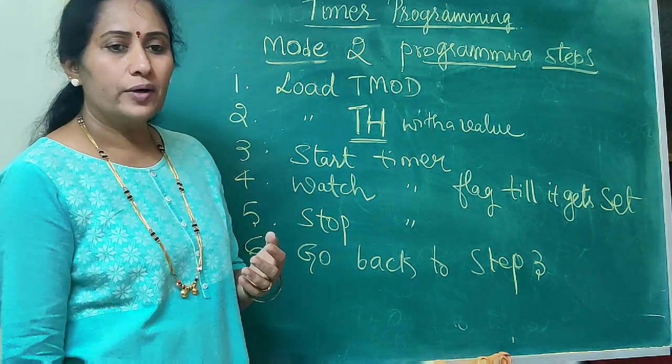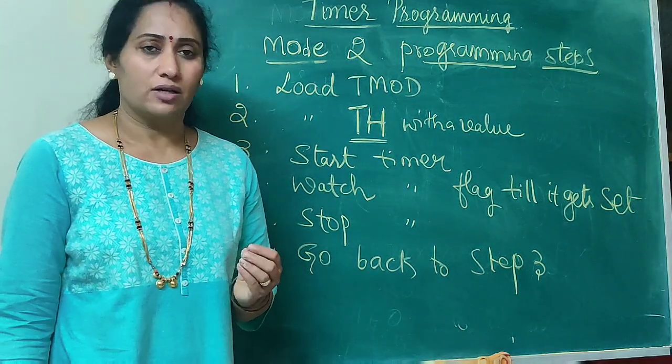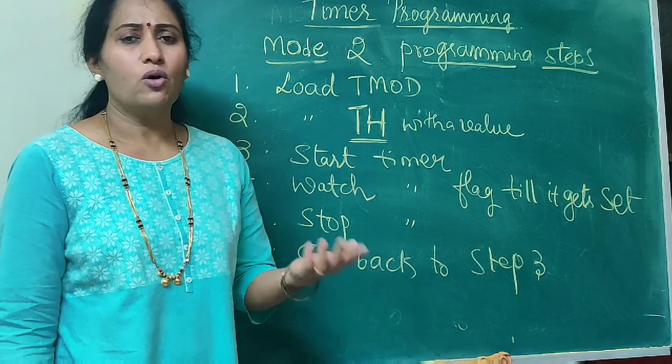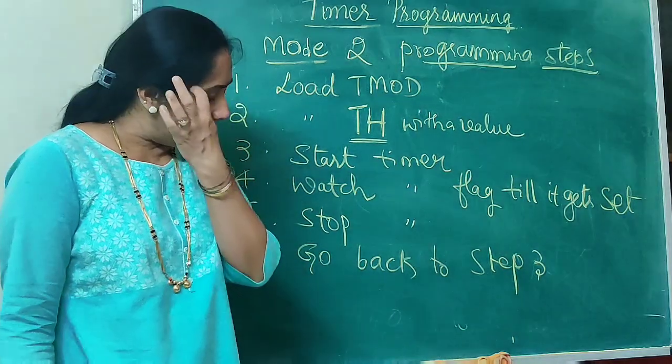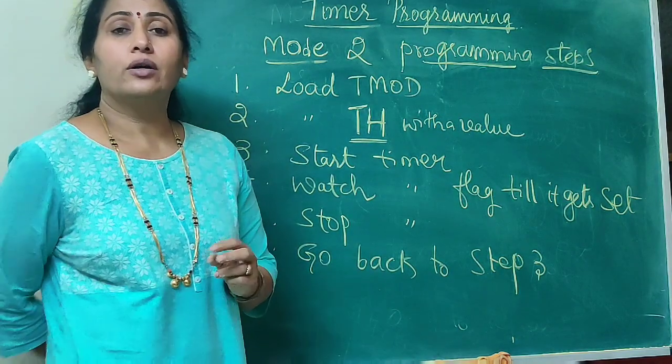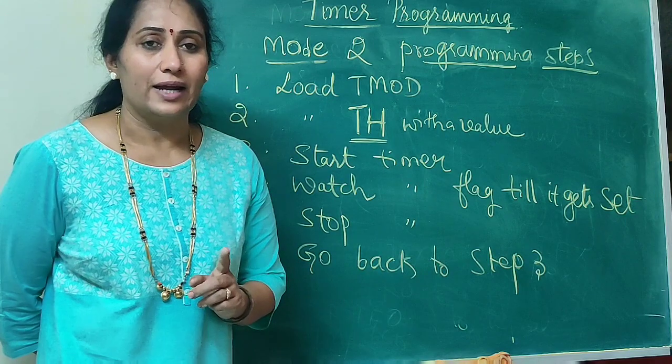What we are going to do here is load the count in the TH register, whether it is TH0 or TH1, whichever timer I have used. You load the value in TH, not in TL.